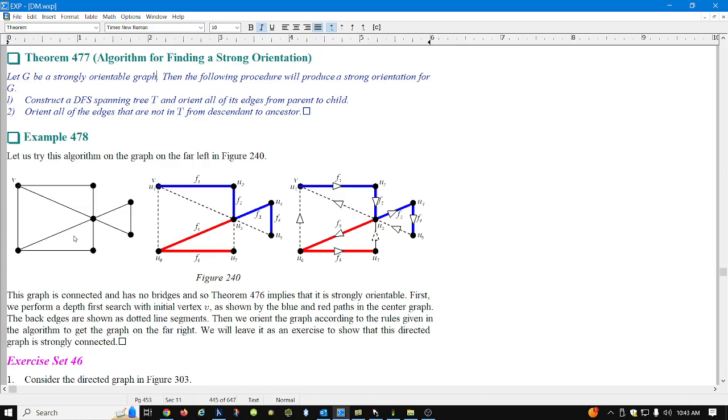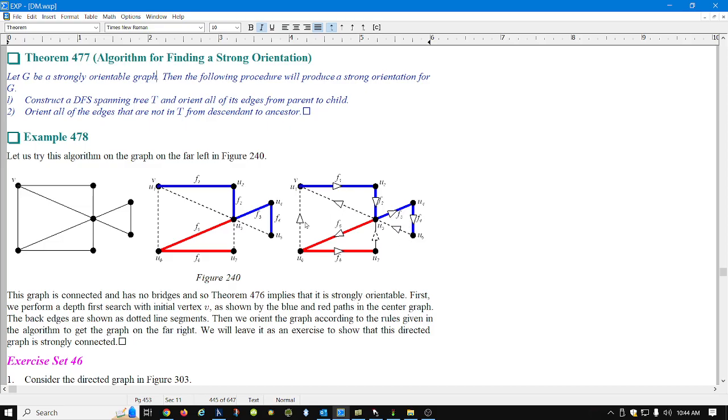First, we perform a depth first search, starting at V here. That takes us, say, along the blue maximal path, backing up, picking up the red maximal path. Orient all the edges on the blue path away from V. So this is parent to child, parent to child, parent to child, parent to child, parent to child.